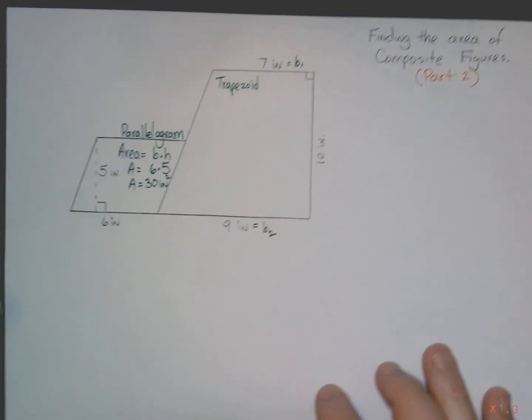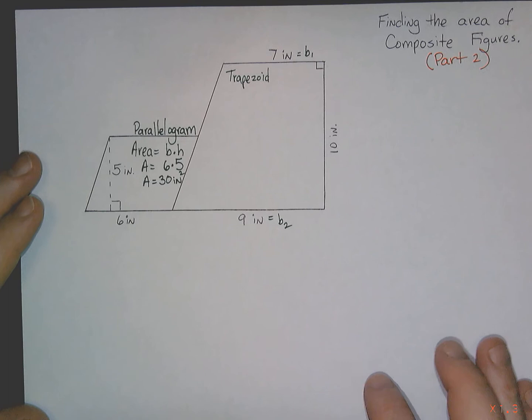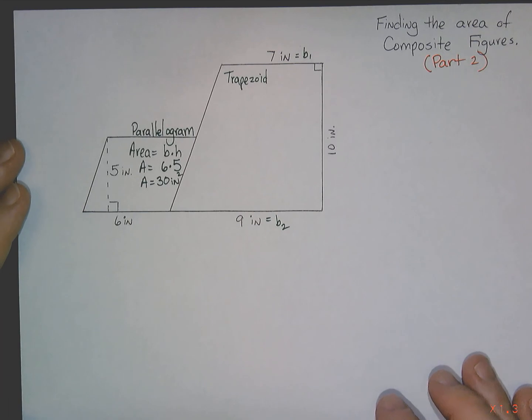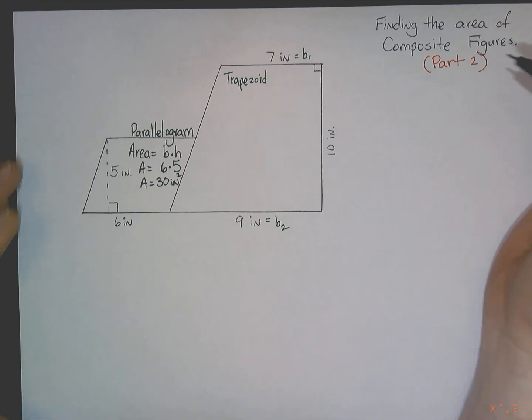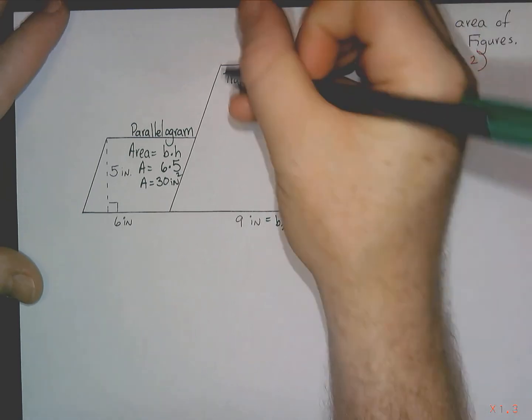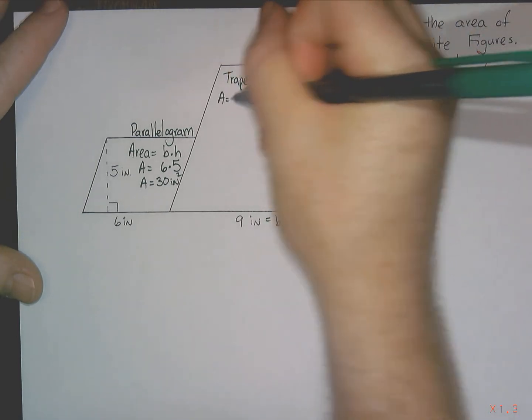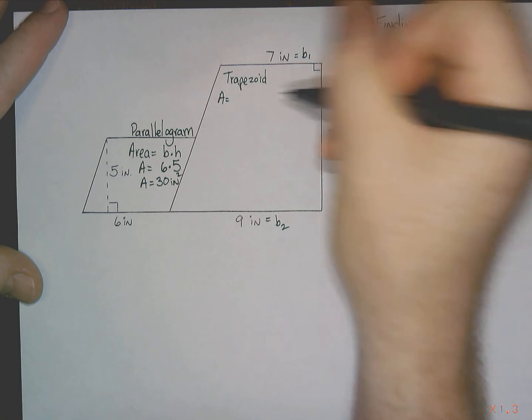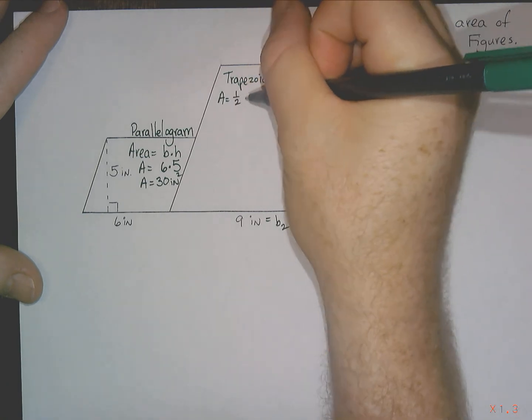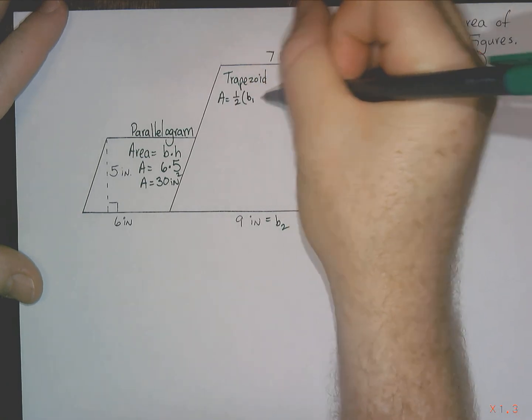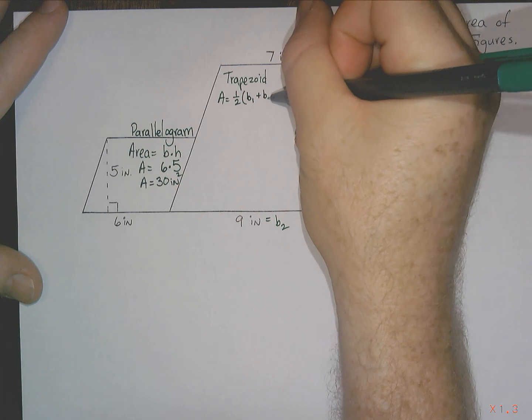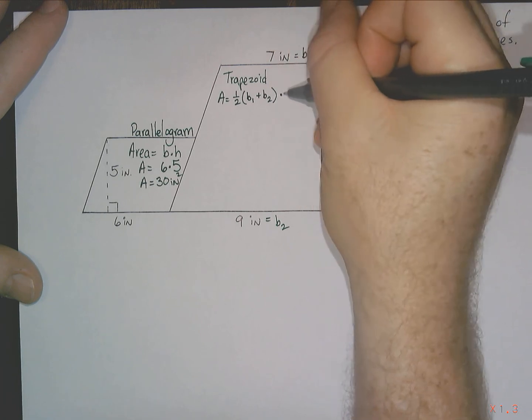Okay. So instead of doing a big picture analysis and trying to explain exactly why the formula is the way that it is, I'm not going to go into that. But the formula for a trapezoid is area equals 1/2 of base 1 plus base 2 times height.